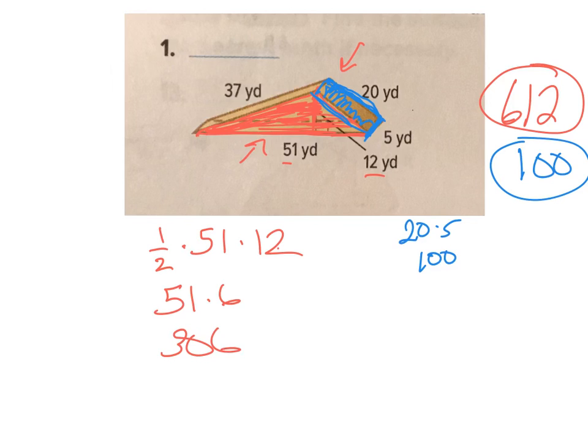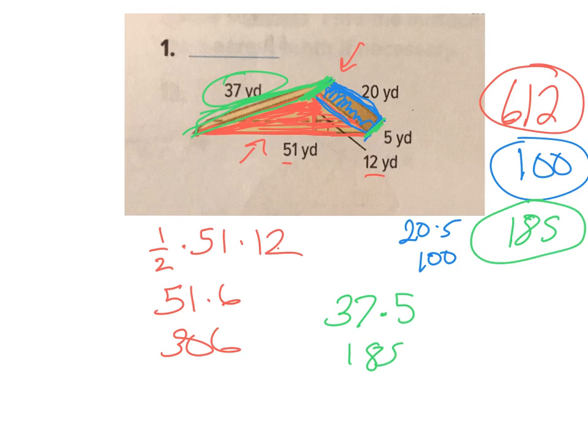Now, let's go to this side right here. Another rectangle. Looks like it's a 37 by whatever this is. Well, if this is 5, this is 5. So it's a 37 by 5. 37 times 5 equals 185. Okay.